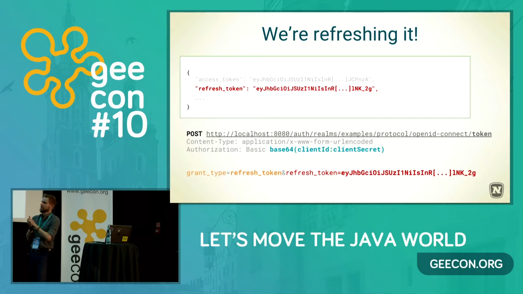What we should do is use the POST method to the token endpoint, and ask for the grant type called refresh token. And we're passing the refresh token to the application. What we can get in the response is either a new access token, and that's it, or an access token and a new refresh token. That depends on our configuration, and Keycloak also supports it.